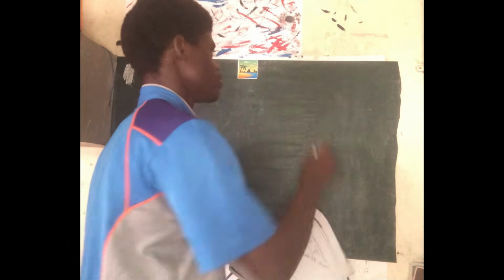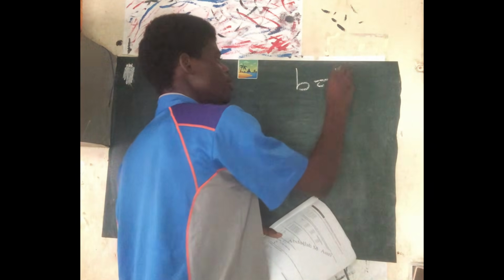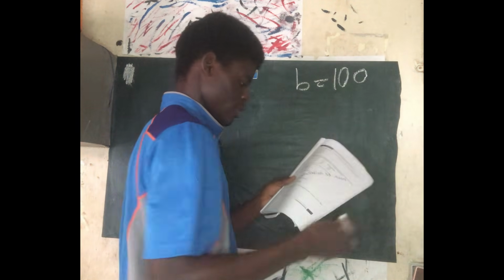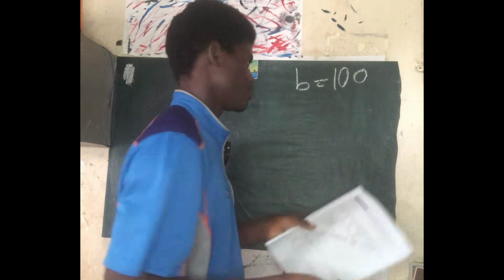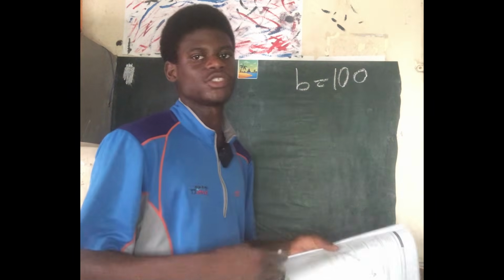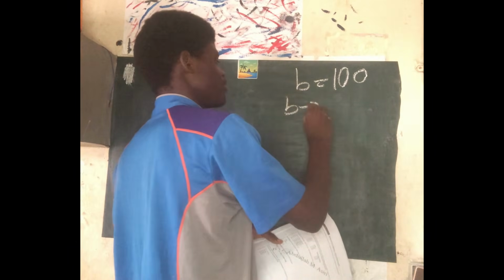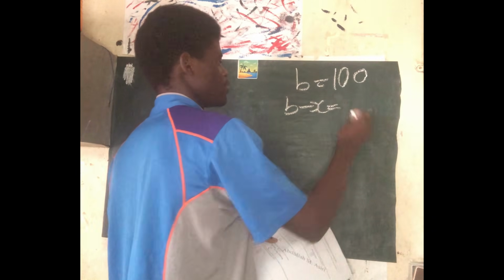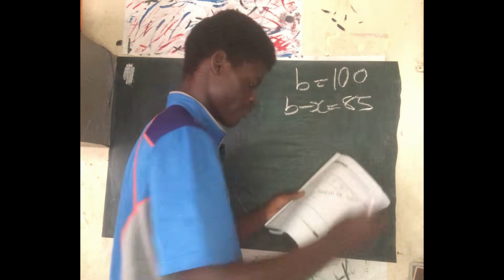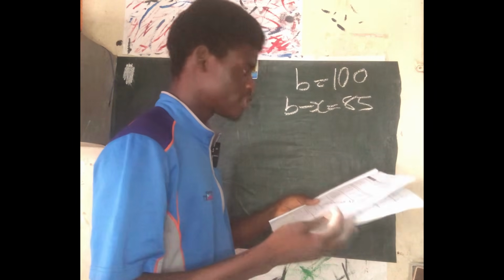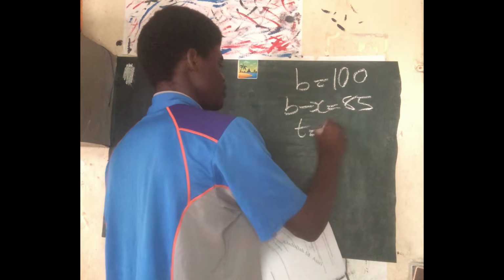That means 15% is used, the initial concentration is 100%, and the one that does not change is the final: 100 minus 15, that will be 85, in 6.8 minutes.